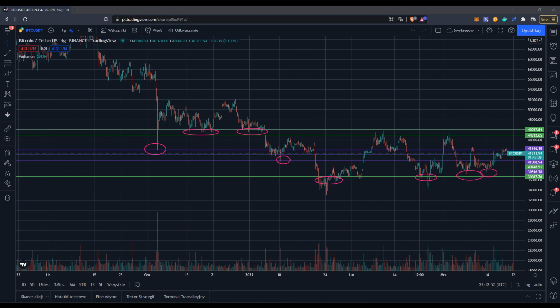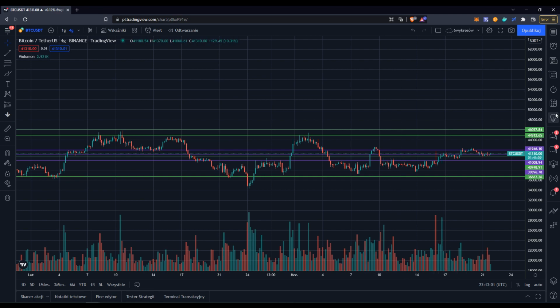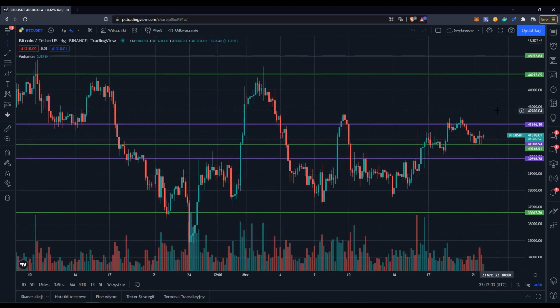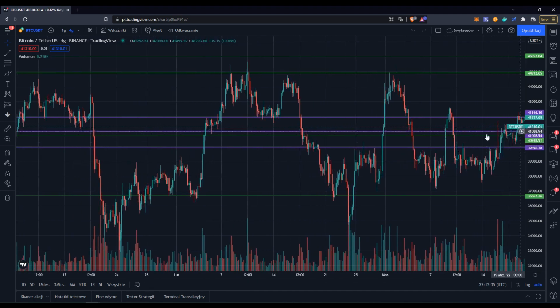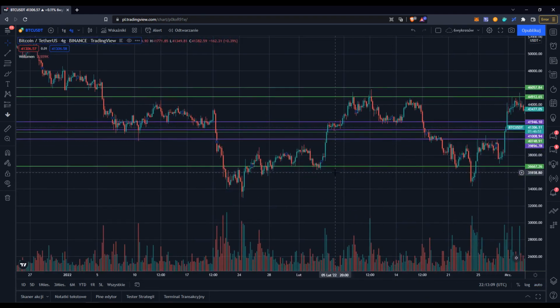Okay, so let's make it bigger. Let's clean the chart and let's discuss what we have. So we place the lines based on what we've seen on the higher time frame, right? That's the clue here. And I'm not going to tell you that each and every setup is going to work in your favor.